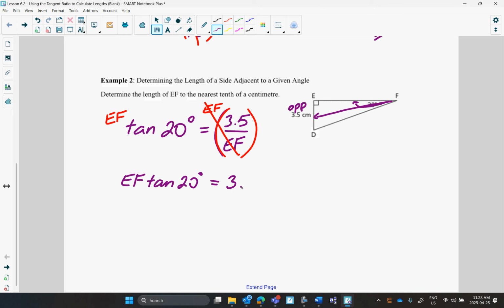Equals, and 3.5 is by itself. Well, I still don't have EF by itself. There's a times tan 20 with that. How do I get rid of times tan 20? Not tan inverse. Remember, to get rid of tan, you do tan inverse. But I'm not asking you to get rid of tan. I'm asking you to get rid of tan 20. There's a difference between the two. Divide by tan 20, which means I have to divide this side by tan 20.